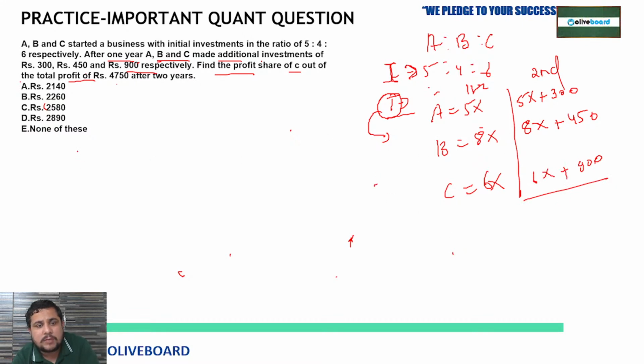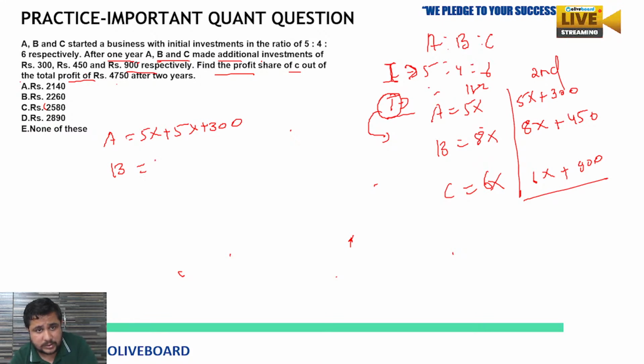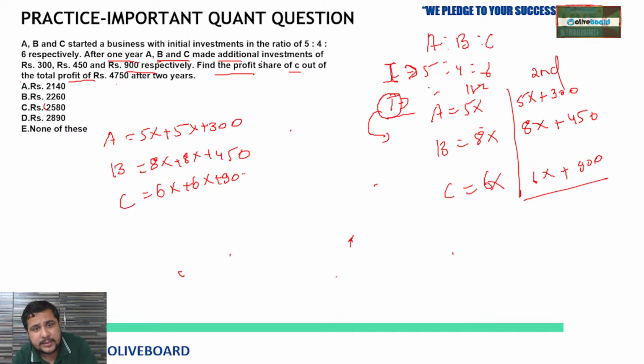Now, if we talk about their investment ratio, it must be: A's investment is 5x plus 5x plus 300, while B's investment is 8x plus 8x plus 450. C's investment is 6x plus 6x plus 900, right? Now the total profit is 4750.